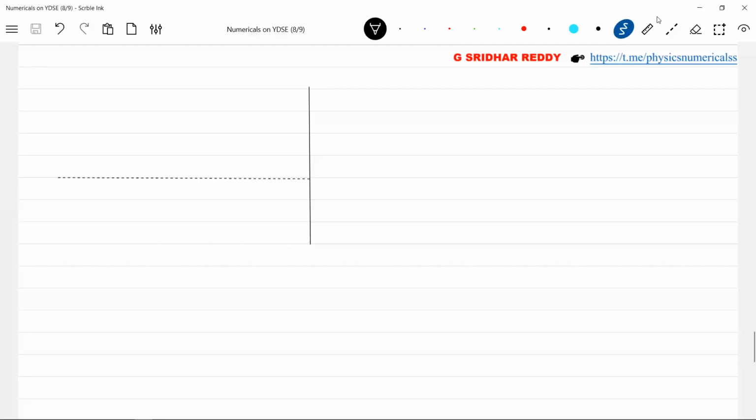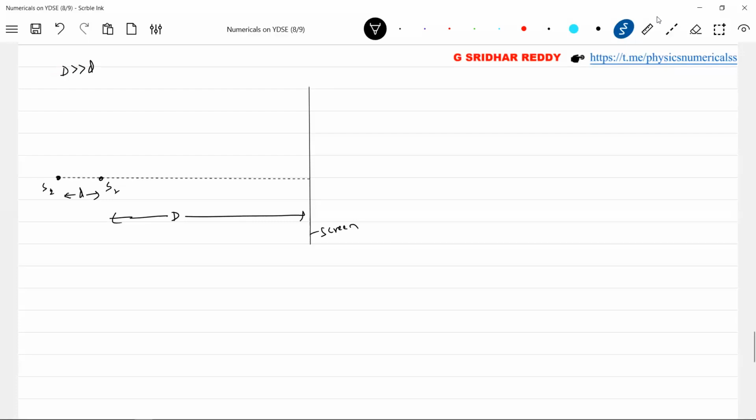So there are two point coherent sources, S1 and S2, separated by a small distance d. There's a screen where I'll put a condition: capital D will be very much greater than small d.